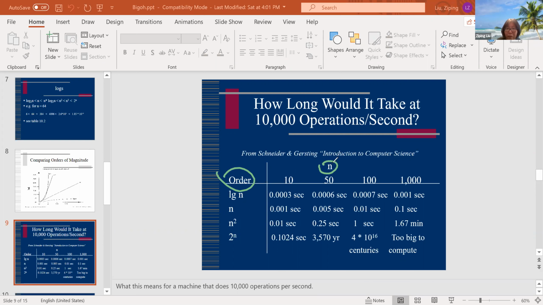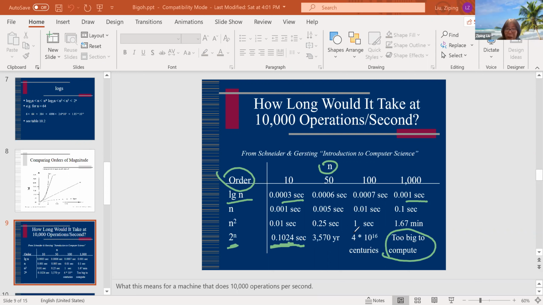When n is from 10 to 1,000, log n takes from this second to about a 1,000th of a second. But for 2 to n, you can see the huge difference. It goes from 0.1 second to too big to compute.